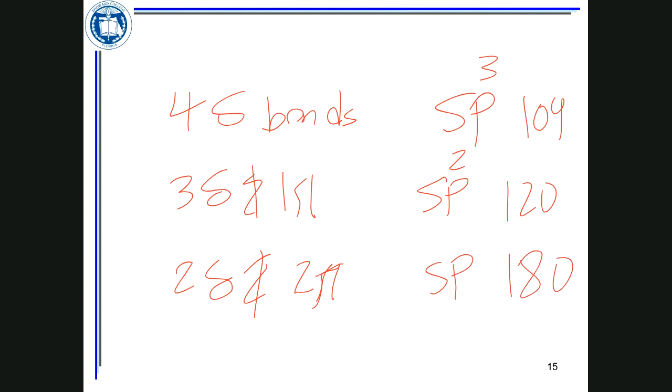You can write other notes to yourself that these are all single bonds, 1 double bond, 1 double bond only.